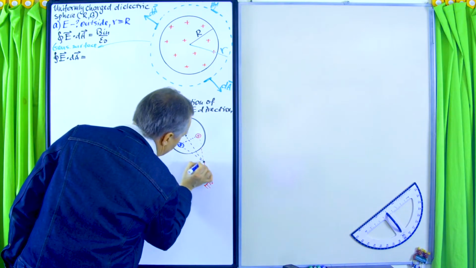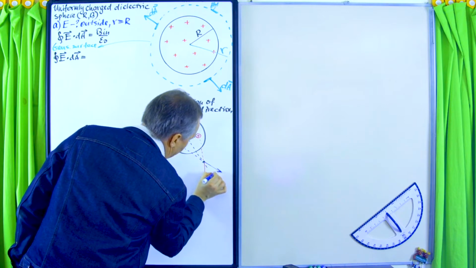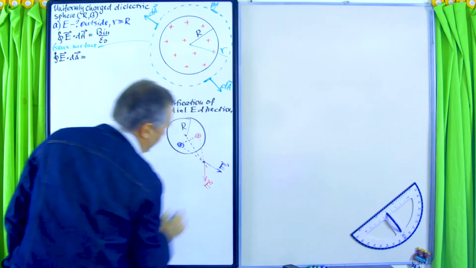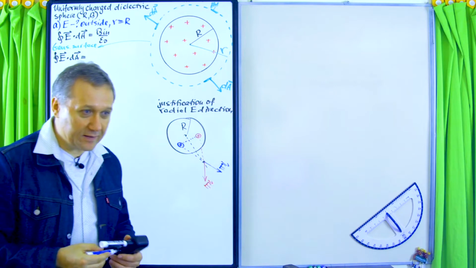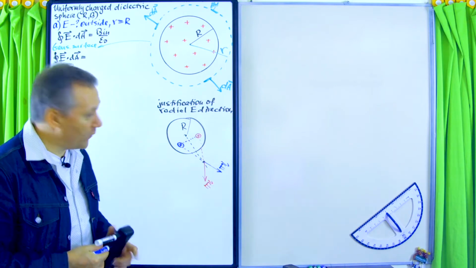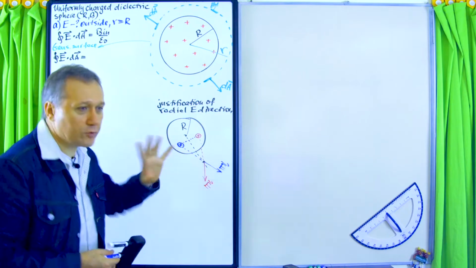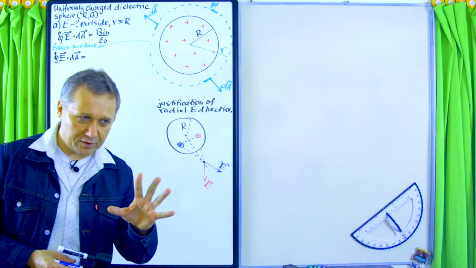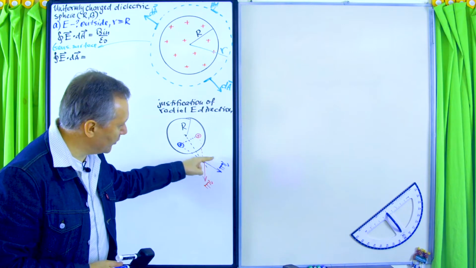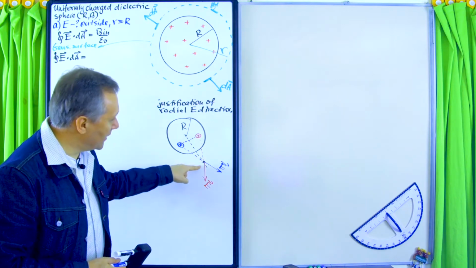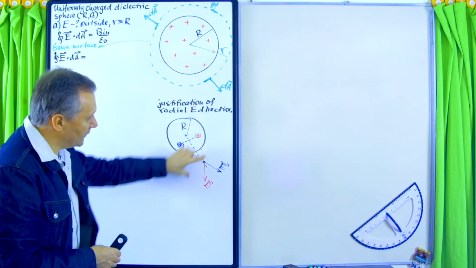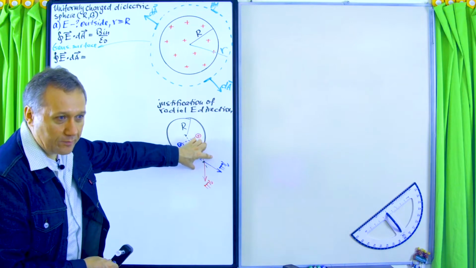Of course it will be this way, E. And now let's add these two vectors. Of course, the tangential component of the blue field and the tangential component of the red field cancel each other out.